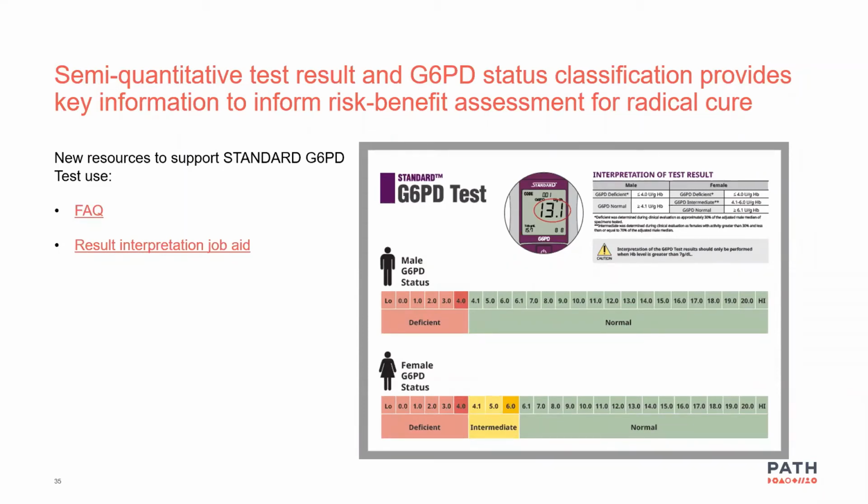And in addition, we've started to develop a frequently asked questions page where we've answered questions that we've gotten over the course of the last several months, and addressed some to do with the performance of the test, which Pooja has addressed today, but other questions, more around ordering and things like that. And those questions and answers are on that FAQ page.